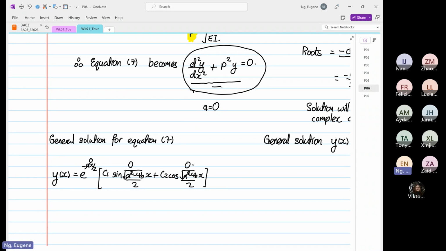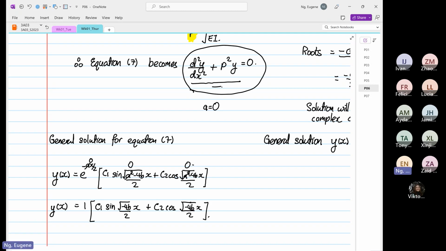So what we have now is y as a function of x, e to the power 0 is equal to 1, so bracket C1 sine of the square root of minus 4b over 2, x, plus C2 cos of the square root of minus 4b over 2, x.